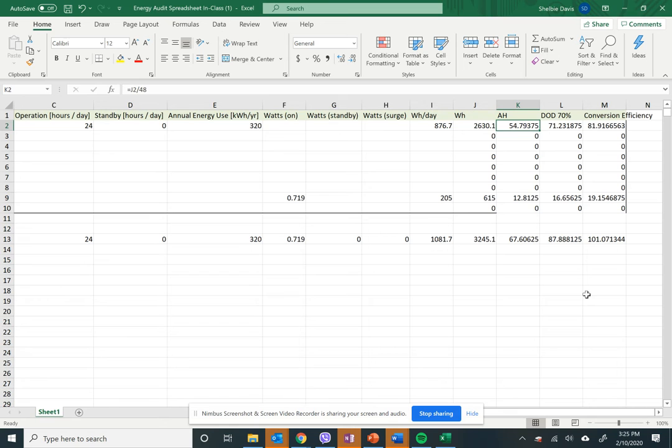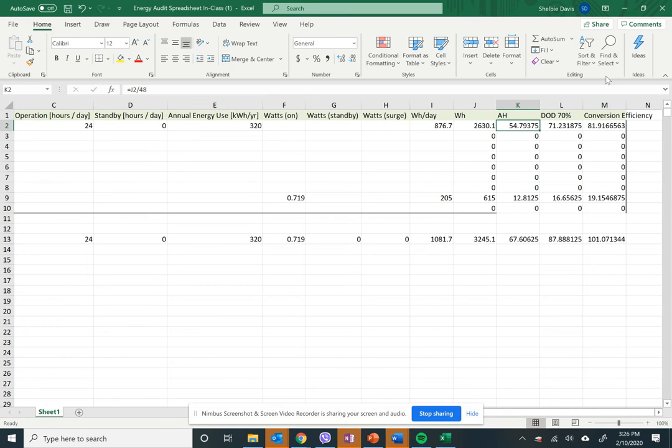But the other thing is, remember that we don't want to discharge our battery bank more than 70% depth of discharge or 30% state of charge. So that means we're going to oversize our bank by that 30%.